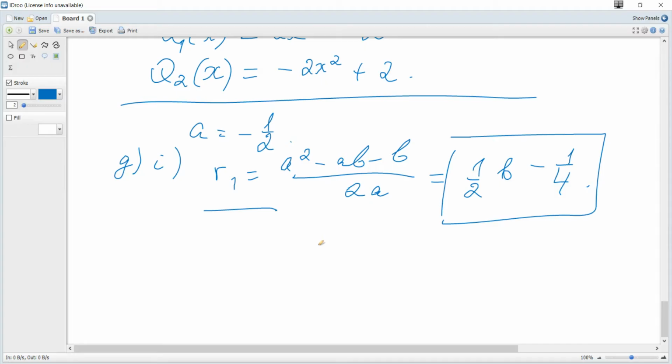Next, hence or otherwise determine the exact values of b and c such that as quadratic functions are formed.